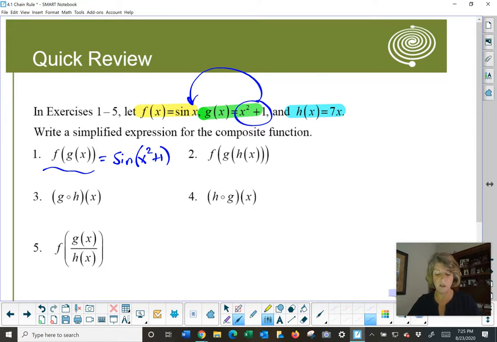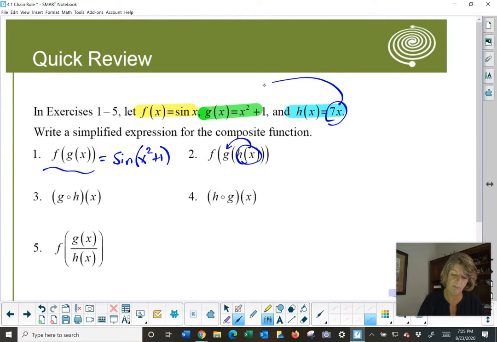When I look at number 2, I see 1, 2, 3 levels. We always start from the inside and work our way outside. So h is going to go into g. So we're going to have h, 7x, replacing x, and it's going to get squared. So I'm going to do an intermediate step and have f of 7x gets squared plus 1.